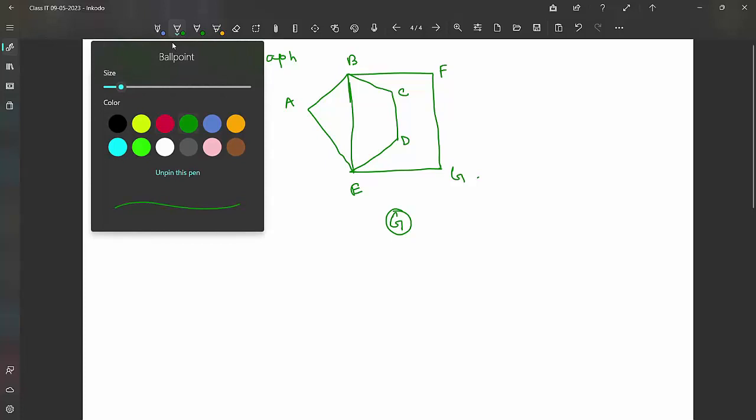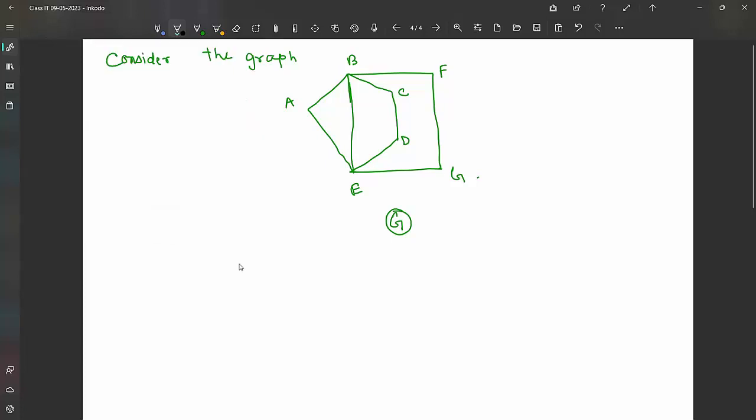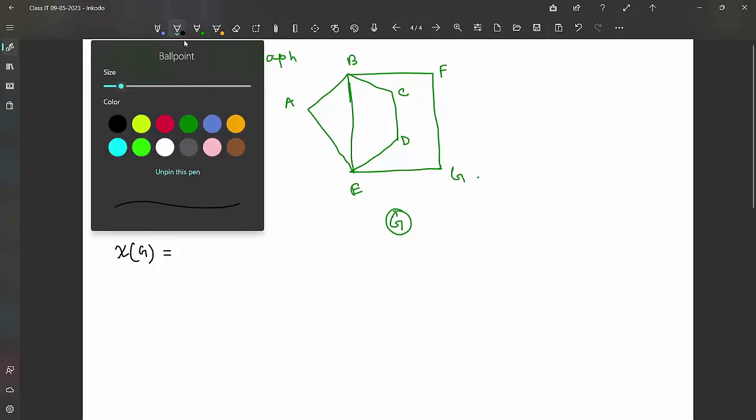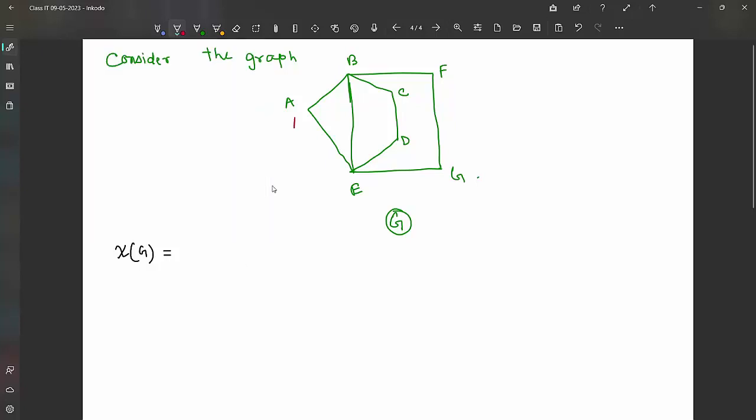Now tell me, what is the chromatic number of the graph? We start with G. So start coloring the graph. Give A the color 1. So B is 2, and E is also 2. After that, it is not adjacent to A, so you can give it 1. But D is adjacent to 2 and also adjacent to 1, so you have to give it 3.